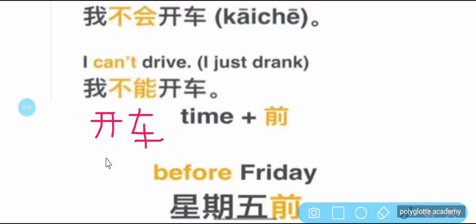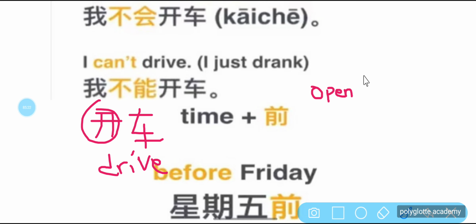We have already explained kaiche, which means to drive. But I can still repeat because the video continues and you might not have time to go back and review the lesson. Kai means to open. Or it can also mean to start.